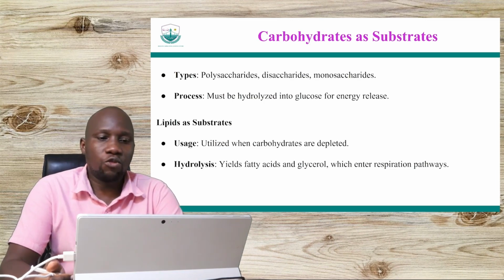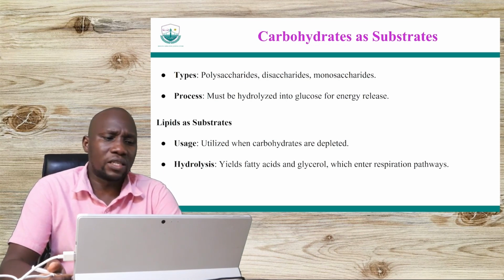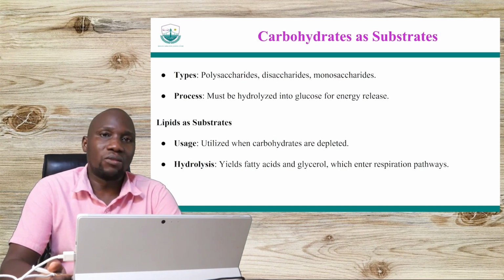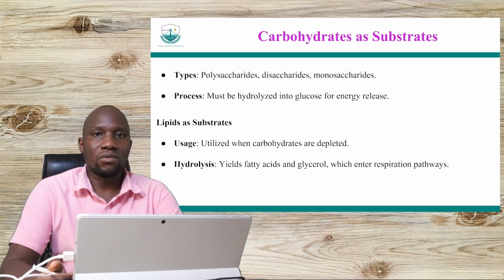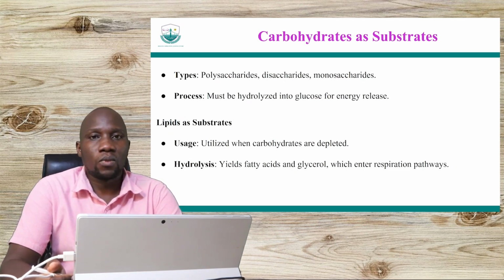So what happens if we break down carbohydrates? The carbohydrates have to be broken down into the simplest form, which is usually glucose. So glucose is usually metabolized. But that is not to say that other monosaccharides, for example fructose, cannot be metabolized. So the complex carbohydrates have to be broken into monosaccharides, which are monomers.